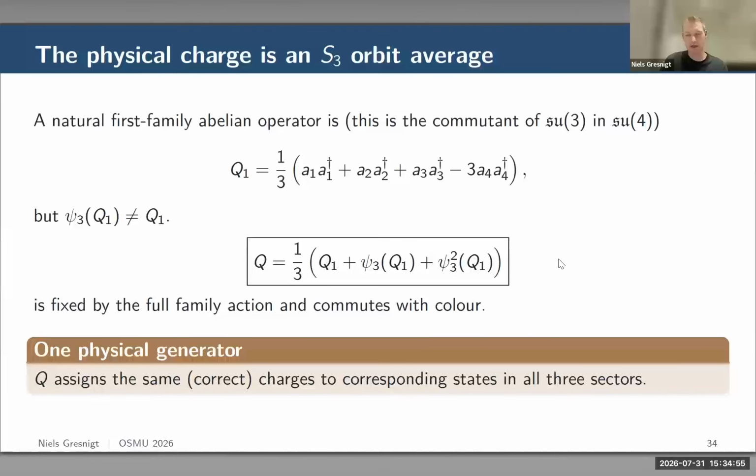So we see here in the boxed equation that we have this Q, which contains three terms. And this Q now is invariant under Psi3 and also under epsilon. And then it turns out that Q assigns the correct electric charges to all the states in our three generations. So that seems to work for the electrocolor symmetry.